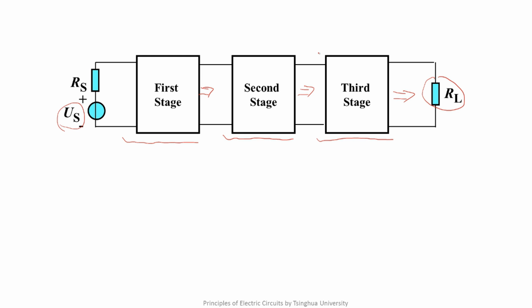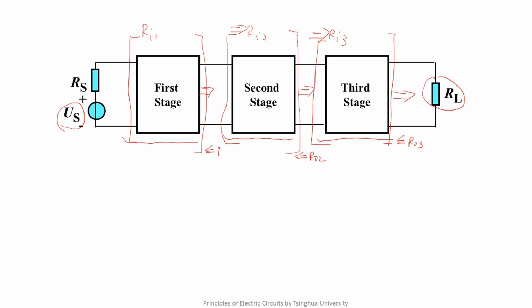The input resistance of every stage is Ri1, Ri2, and Ri3. Similarly, the output resistance of every stage is Ro1, Ro2, and Ro3. Then we can get the stage K Thevenin equivalent circuit.